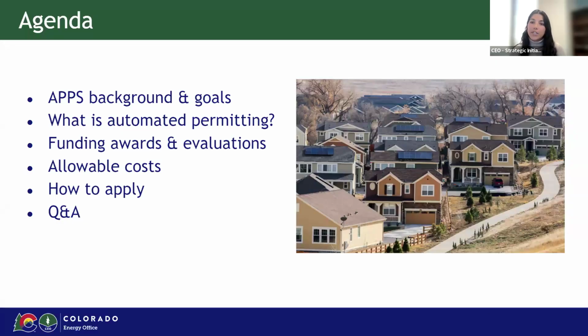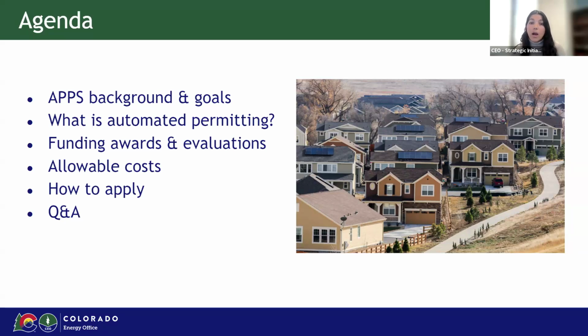So to cover a brief agenda of today's call, we'll start with the background of the APPS program and review the program goals. We'll also cover what automated permitting is and how it can help your jurisdiction. Then we'll review funding awards and the evaluation process.